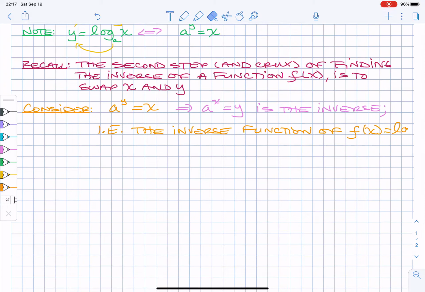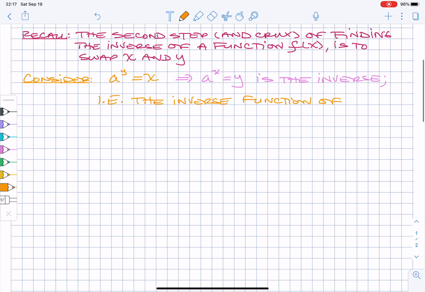So the inverse function of f of x being equal to log base a of x is f inverse of x is equal to a to the x, because these two are equivalent.